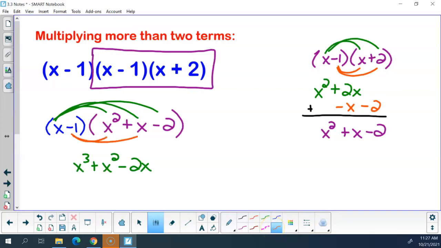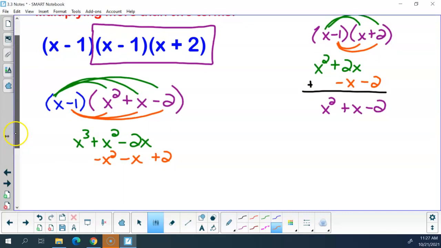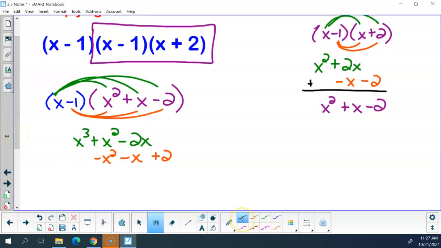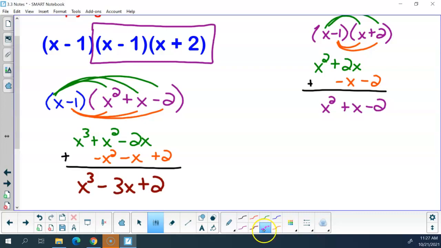Multiplying by the negative 1 would get me negative x squared minus x plus 2. Add those together, and that would get me x cubed. The x squareds go away. Minus 3x plus 2.